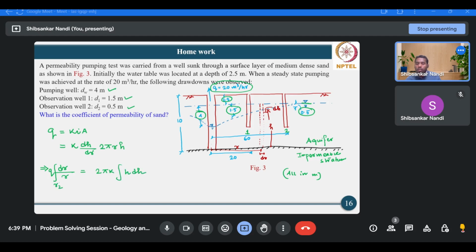Now you integrate this from R2 to R1 and H2 to H1.